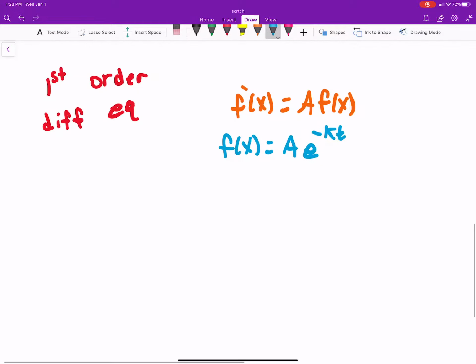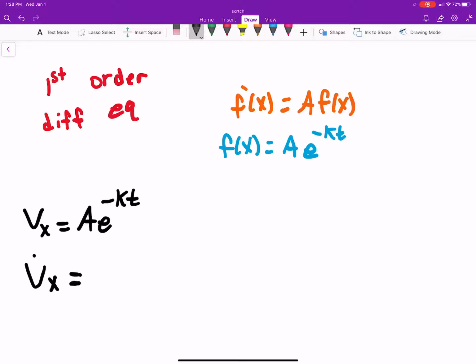Okay? Now we can check this. That's a cool thing about differential equations is you can always check your answers. We're saying our velocity in the x direction is some constant a times e to the minus kt. And if we take the first time derivative of that, we'll just get minus a k e to the minus kt by chain rule.